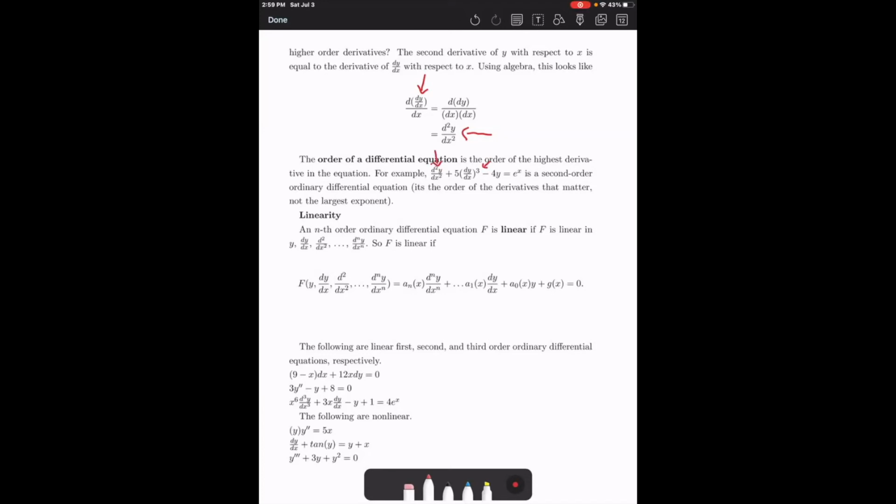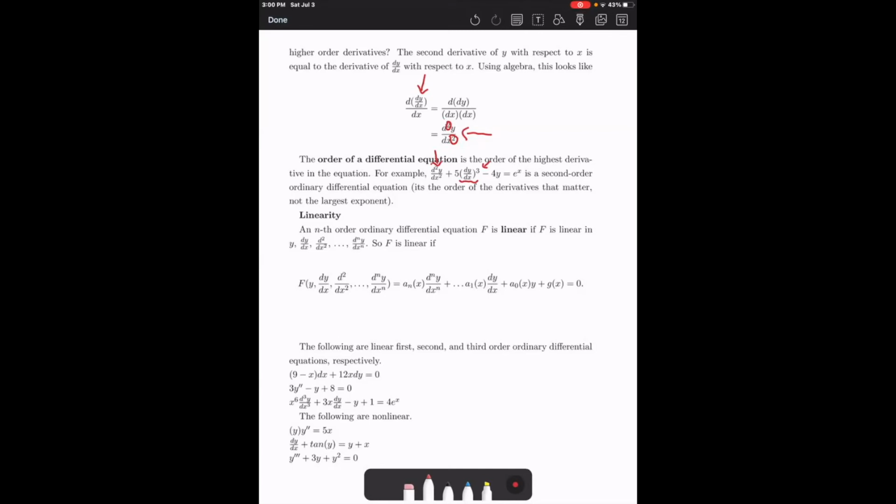We've just learned that when we see this 2 or any number in between the dy and after the x, that is actually talking about how many times you're taking the derivative of y with respect to x. So we've taken the derivative of y with respect to x twice in this equation, whereas this here is the first derivative cubed. We've only taken the derivative once here, but then we decided to multiply it by itself 3 times.